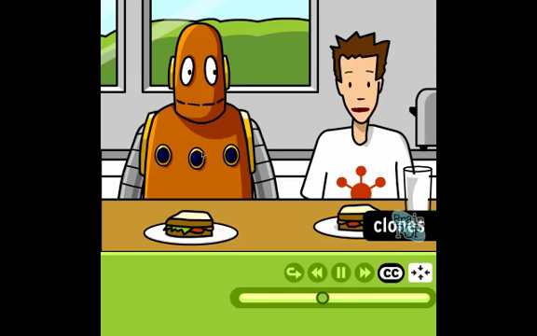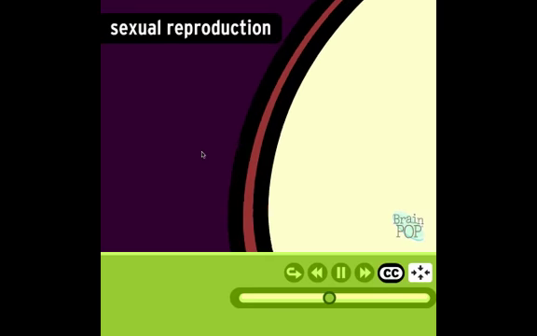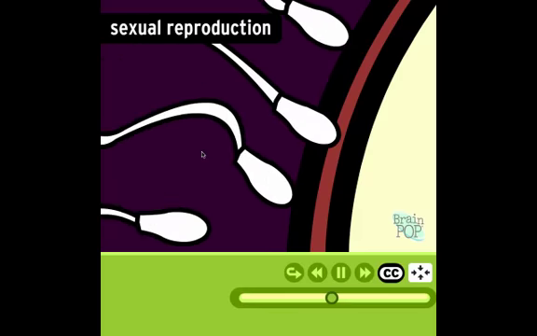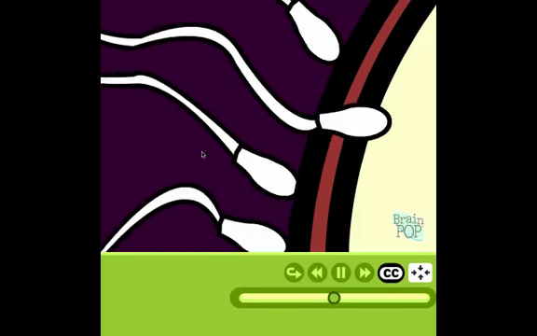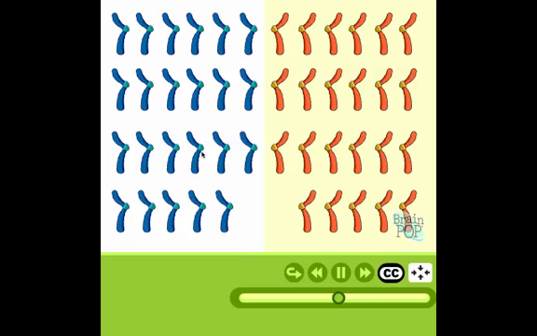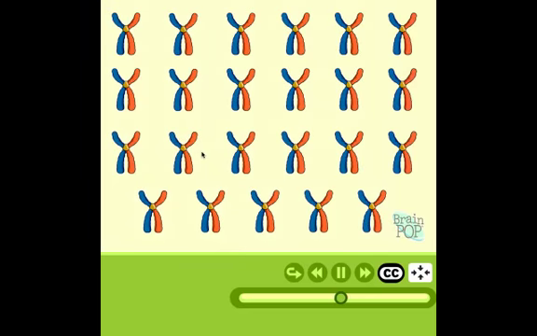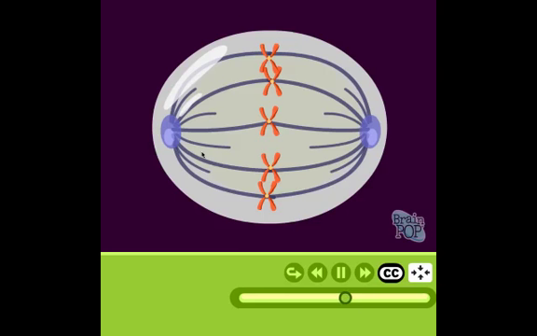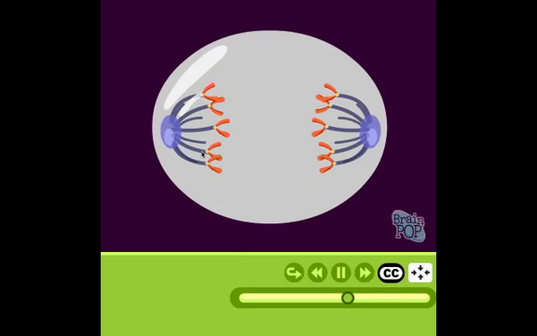Clones share the same genetic information, but parents and their sexually reproduced offspring do not. In sexual reproduction, a female egg cell is fertilized by a male sperm cell. Each cell contains a half set of the parent's chromosomes, or genes. When the two cells combine, the genes do too, making a unique new individual. But in asexual reproduction, the parent's genes simply split in two.